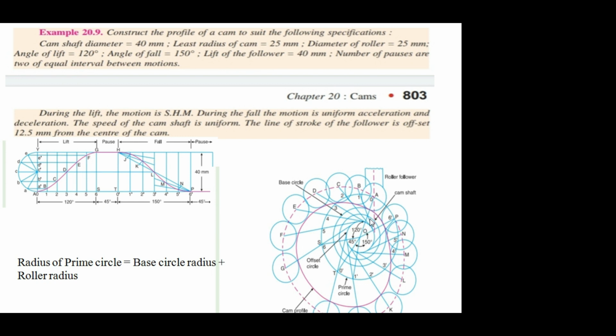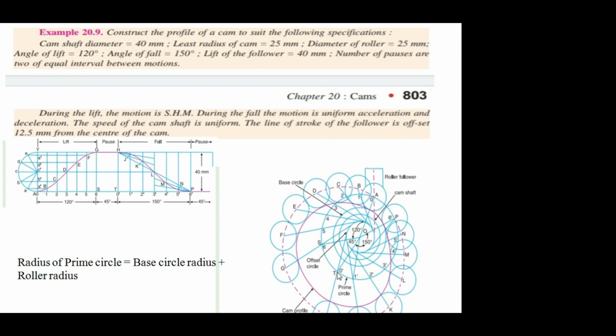Here also you divide theta O in 6 equal parts and mark those parts as points 1, 2, 3, 4, 5, 6 on the prime circle, not on the base circle.